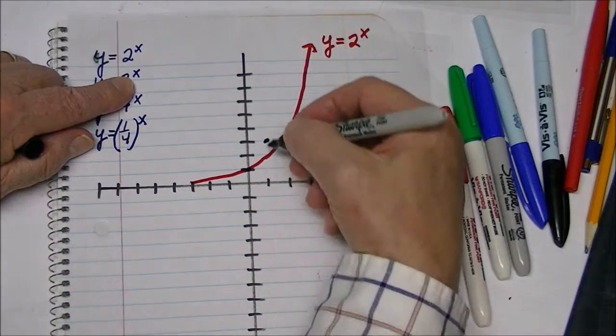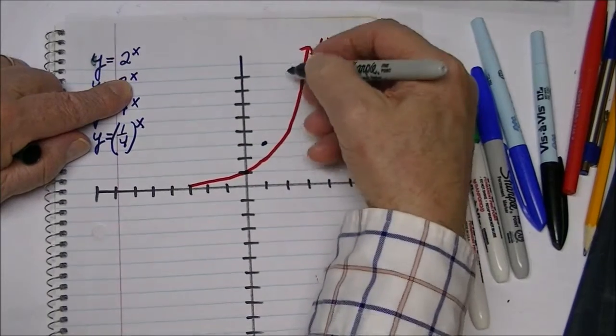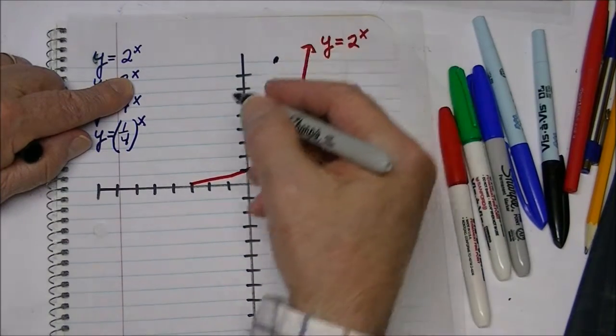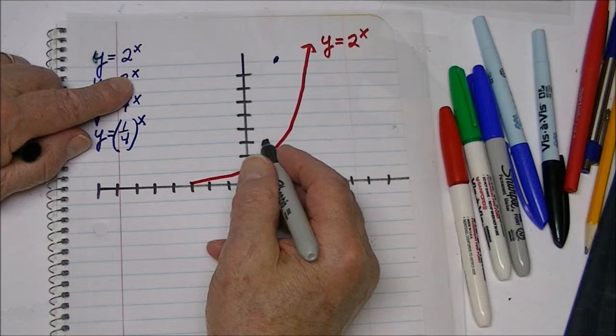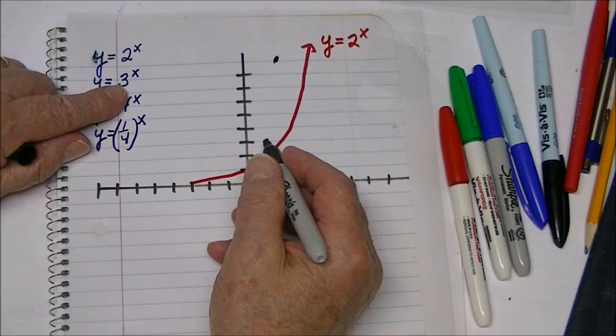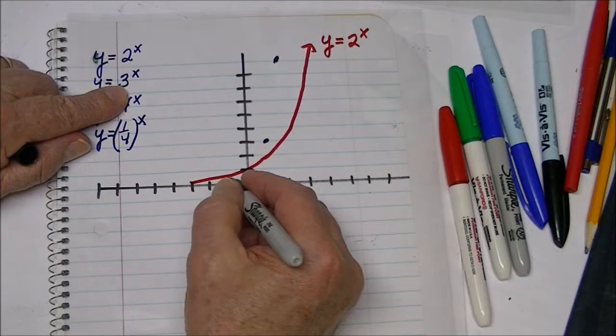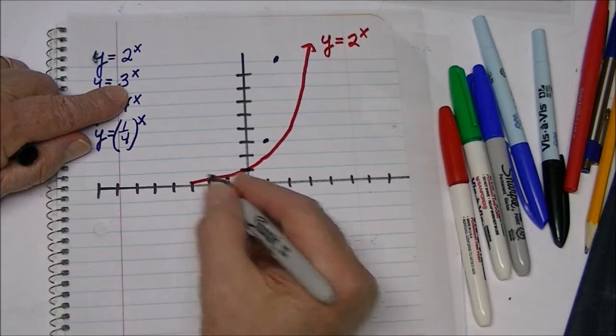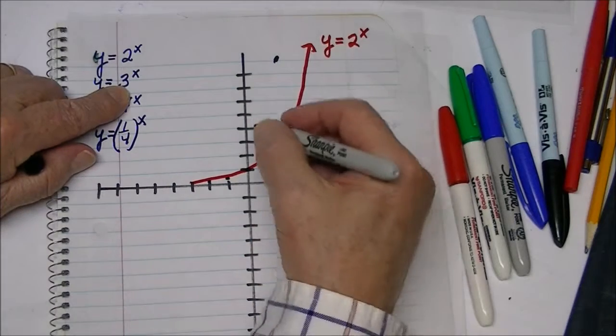Three to the second is 9, so up here is 9. And then down here, 3 to the negative 1 is 1/3. And then 1/9, and then it gets closer and closer to 0.